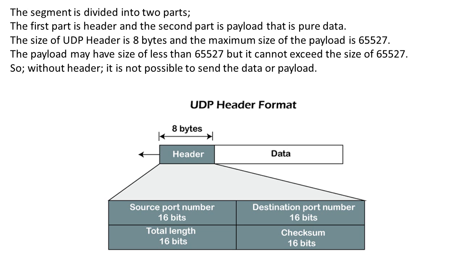The payload may have a size of less than 65,527, but it cannot exceed 65,527. So without the header it is not possible to send the data or payload.